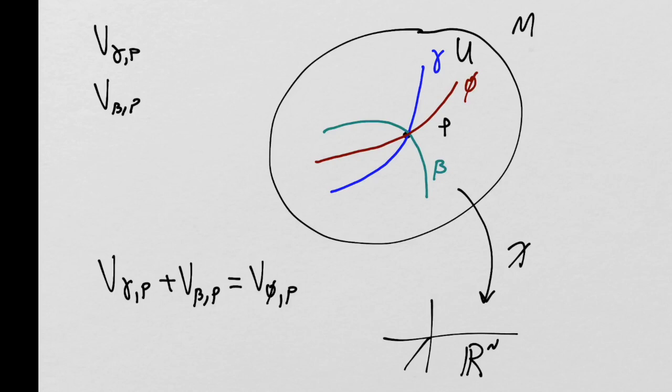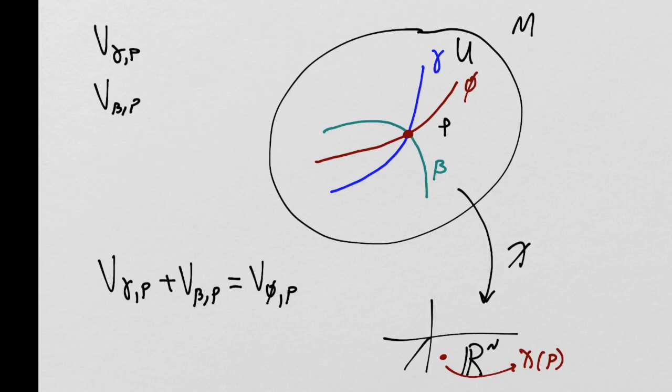But now we are going to explicitly think about it. And so the point P inside this Rn has coordinates, and that coordinate will be given by x of P, where x is now the chart mapping from M to Rn.